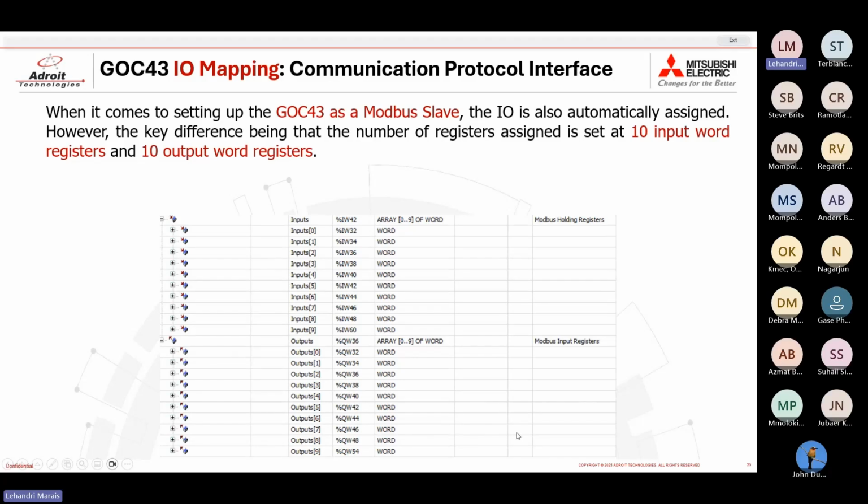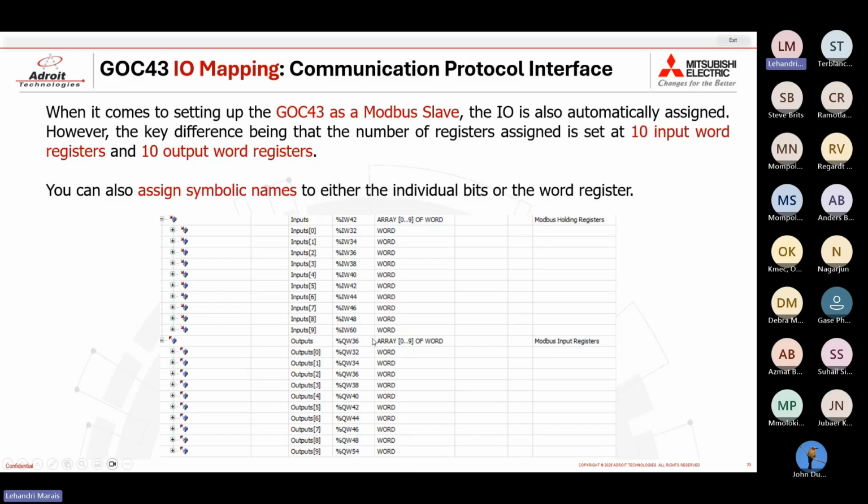When it comes to setting up your GOC as a Modbus slave, the IO is also automatically assigned, but the big difference between setting up your GOC as Modbus slave versus master is that the Modbus slave configuration automatically assigns 10 input words and 10 output words, whereas setting it up as a master, it assigns addressing according to the communication that you are setting up.